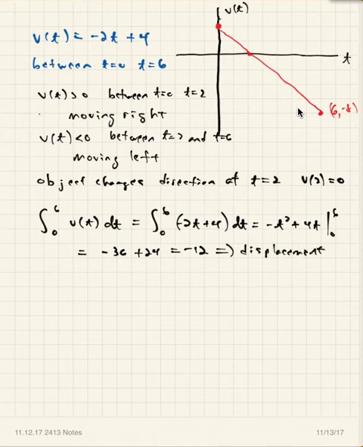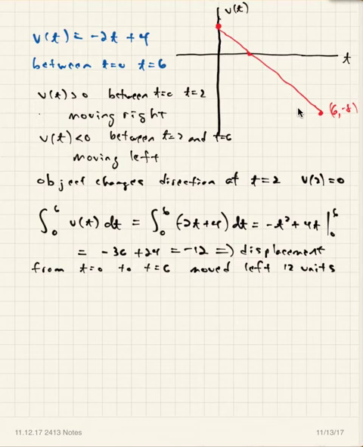And we're saying that from t equals 0 to t equals 6, the object changed positions, moved left 12 units.